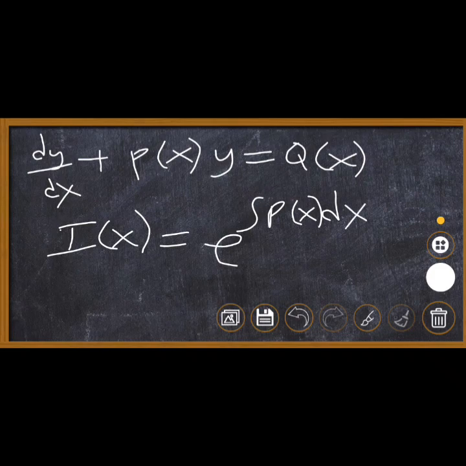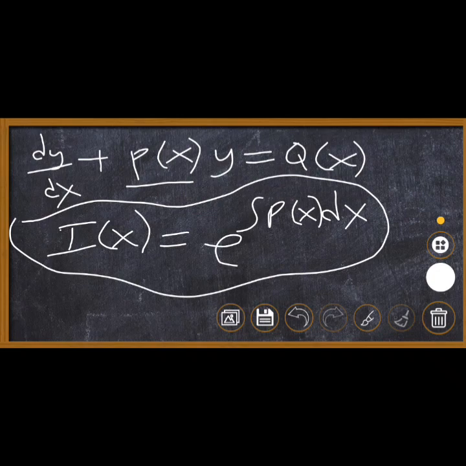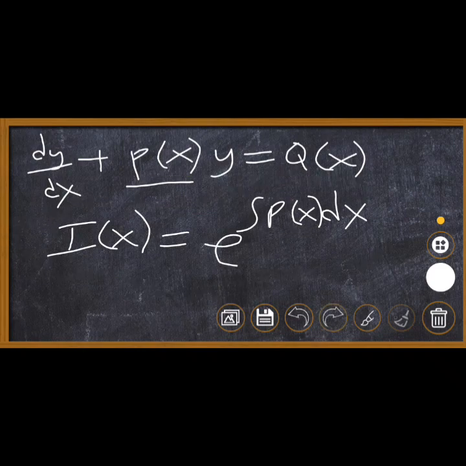So after you have identified your p of x, you find your integrating factor as your second step. So your p of x will be here, and you will integrate it.